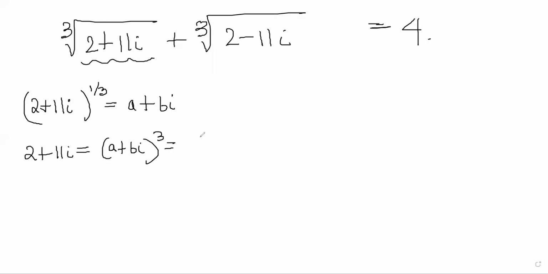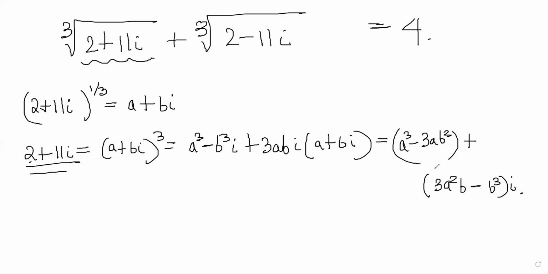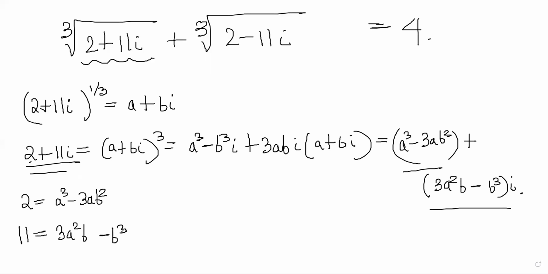And that becomes a cube minus b cube i plus 3ab(a plus bi), which can be written as a cube minus 3ab square plus (3a square b minus b cube)i, right? So 2 should be equal to a cube minus 3ab square, and 11 should be equal to 3a square b minus b cube.